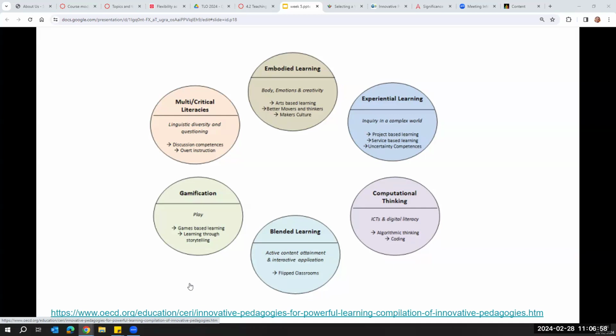Blended learning, as those of you who have done that course know, is all about active content, interaction, and the flipped classroom. Students are given a lot of responsibility as well, coming and discussing materials. Experiential learning is another approach. If you remember in week 1, when I explained what kind of pedagogical approaches we used in teaching and learning online, one of them was experiential learning, and the other was the reflective approach.